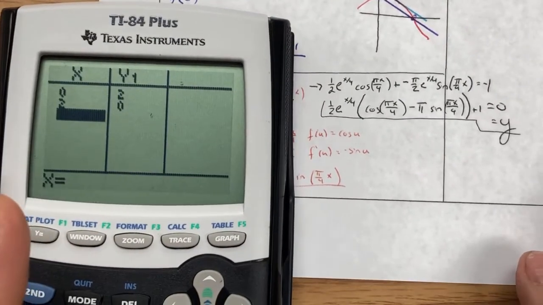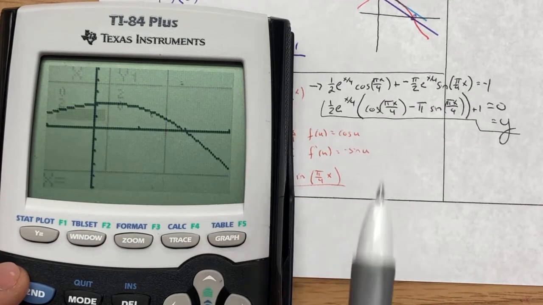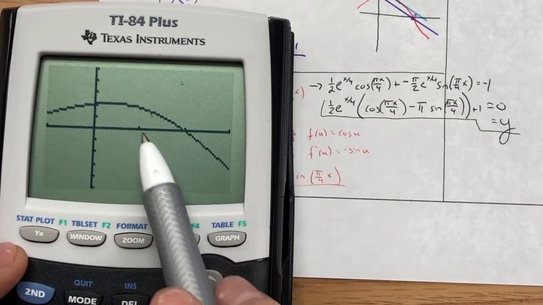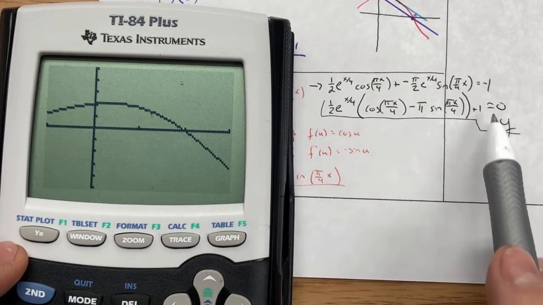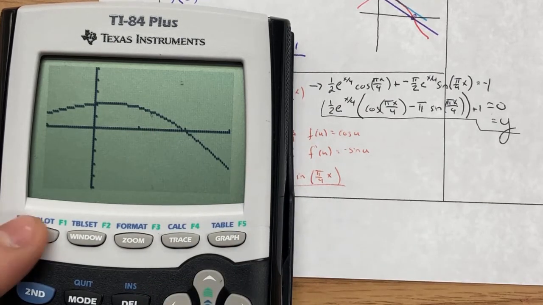So let's check that out. On the graph, wherever that tangent slope is, my derivative is going to equal 0 at that point.